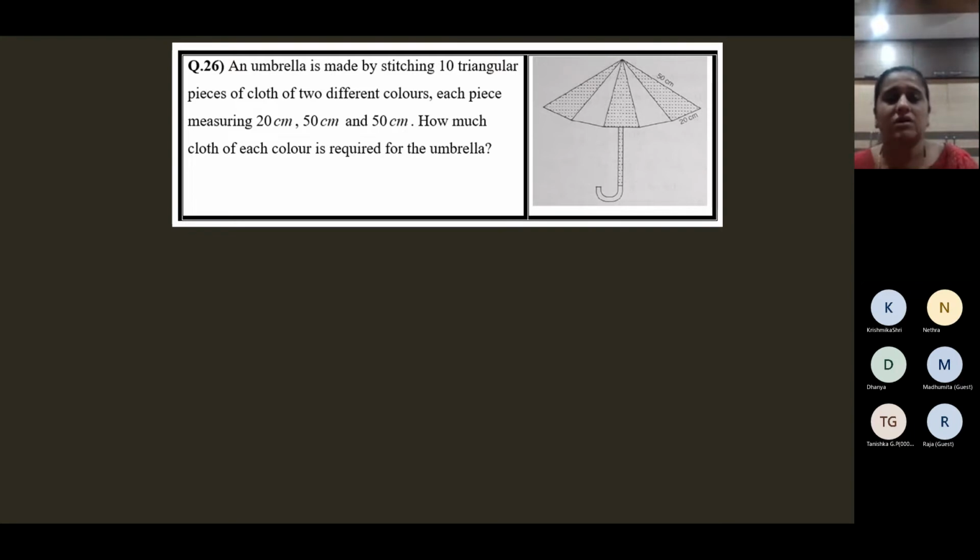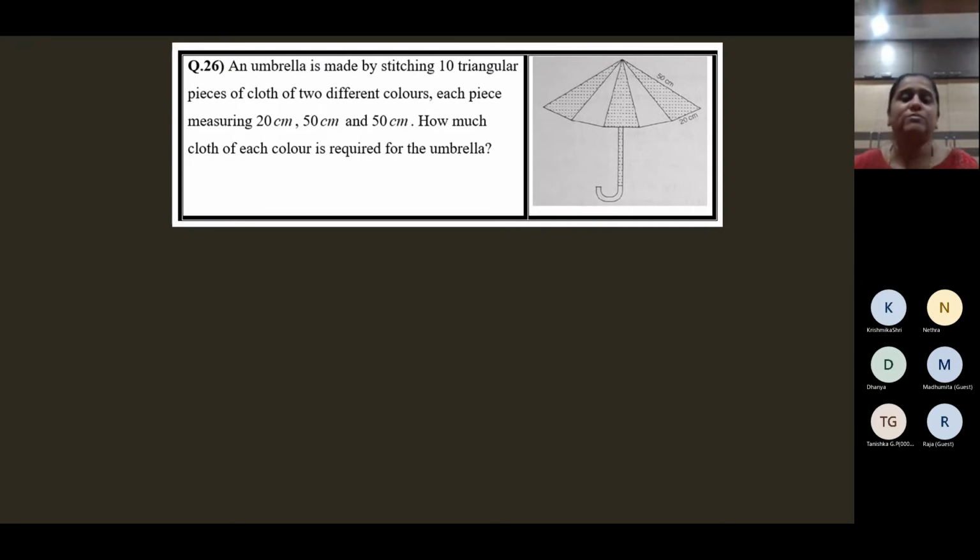This is simple. I have nothing to explain. An umbrella is made by stitching 10 triangular pieces of cloth of 2 different colors. If you spread open an umbrella, you can see triangular portions.